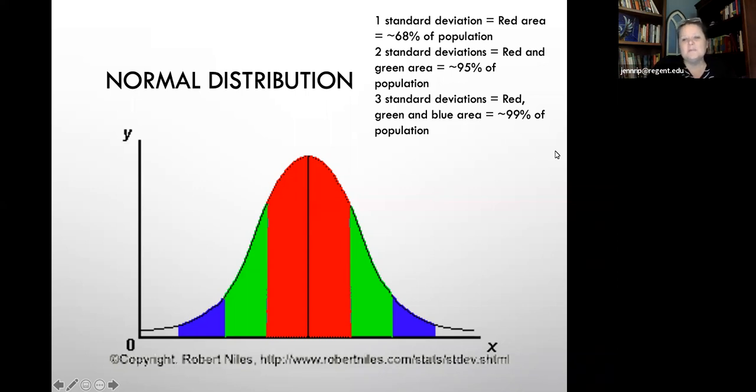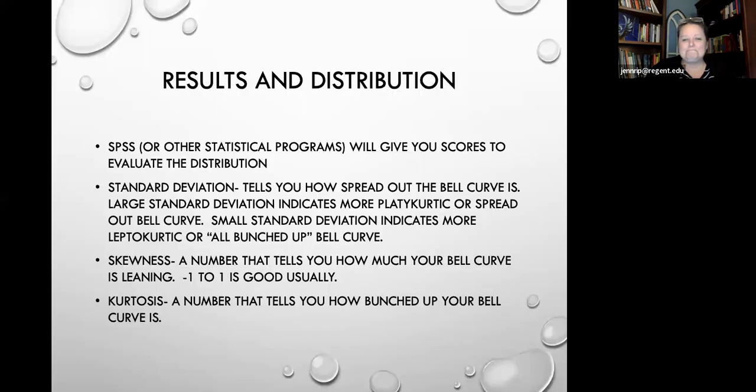Oh, they're 68% of the population, 95, 99. Those are things to know and remember, that 68, 95, 99. Most psychologists know that as a fact of psychology. It shows up on the EPPP and a comps exam pretty commonly in our program, and in the EPPP, the national licensing exam for psychologists.